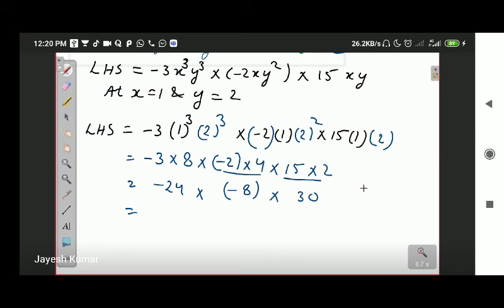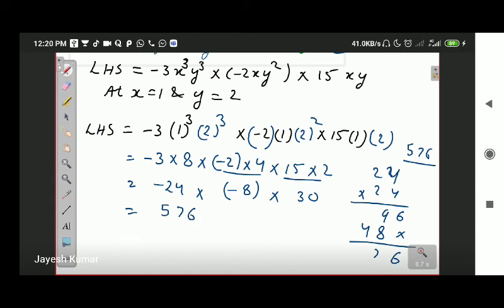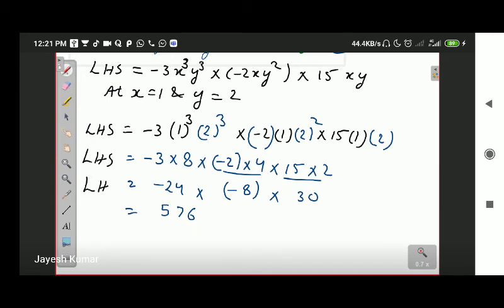Let's see, 3 8s are 24, 24 square. We have to determine 24 into 24. Yeah, 576. Once you multiplied all these three numbers, you will get plus 576. So the value of LHS that we got is 576.